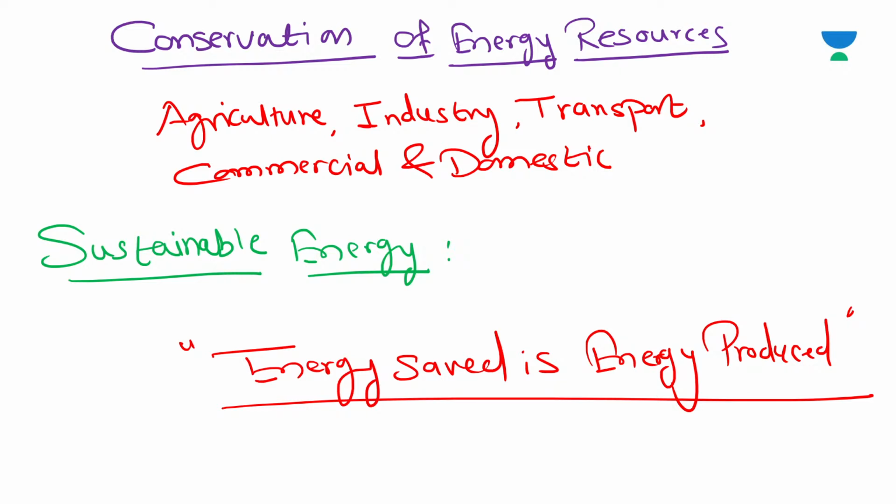Then energy resources. My friends, we have discussed conventional sources of energy: coal, and the types of coal like lignite, bituminous, and anthracite. Then petroleum, natural gas, electricity.